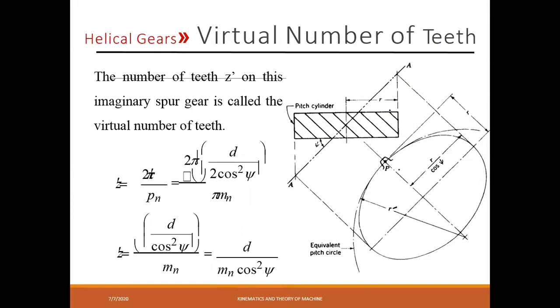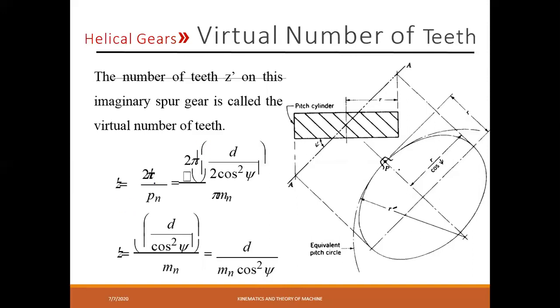So have you understood what we have to study as the virtual number of teeth? The virtual number of teeth is the number of teeth on the imaginary spur gear taken on the helical gear in the plane A, right?